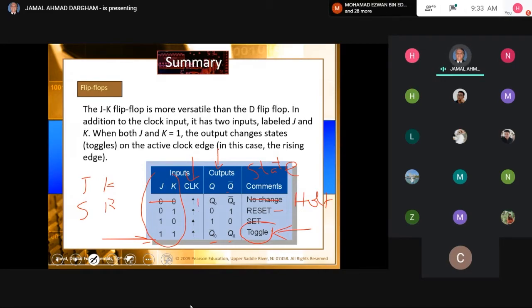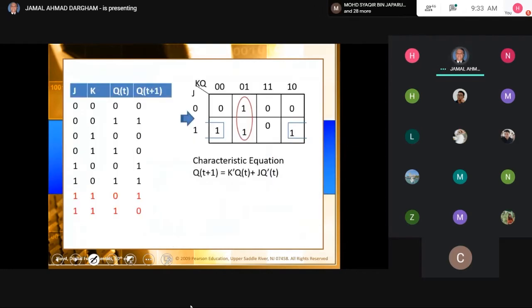Here you can see it is active high, but you can buy them positive edge triggered as well as negative edge triggered, both available. This is the characteristic equation for it. Again, the difference is only here.